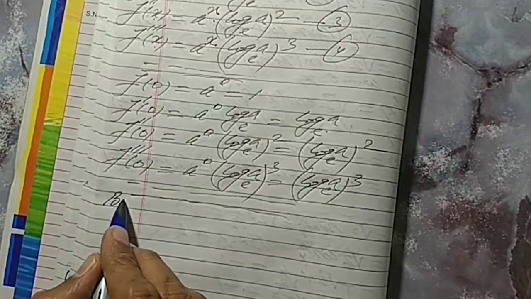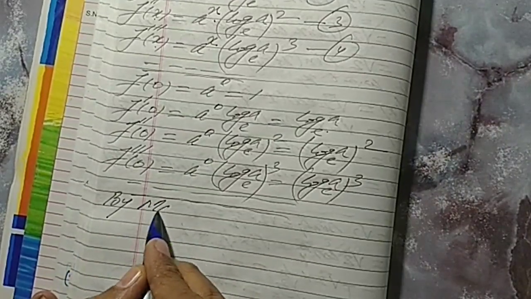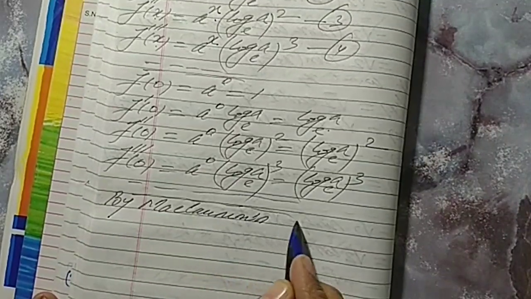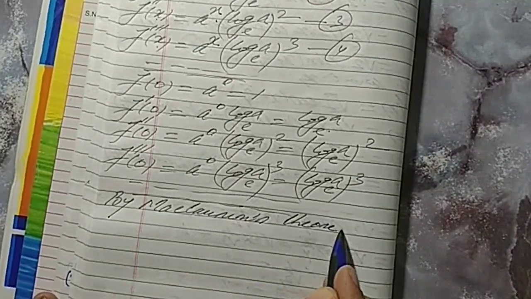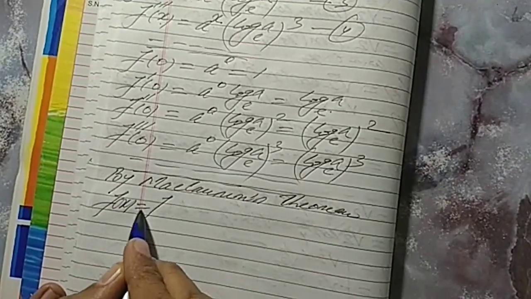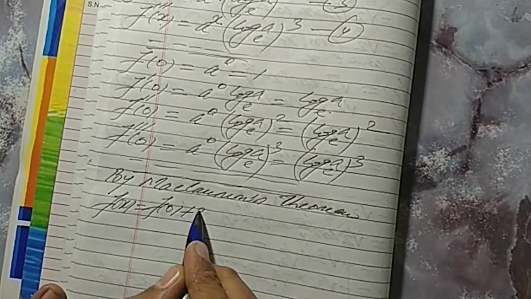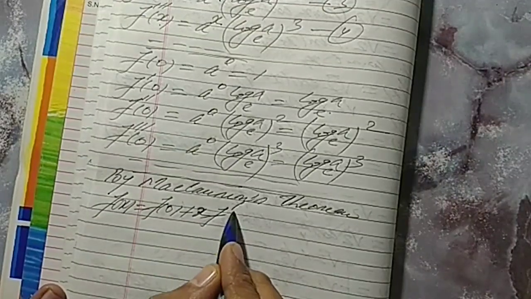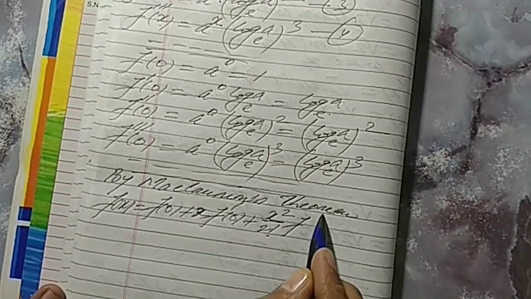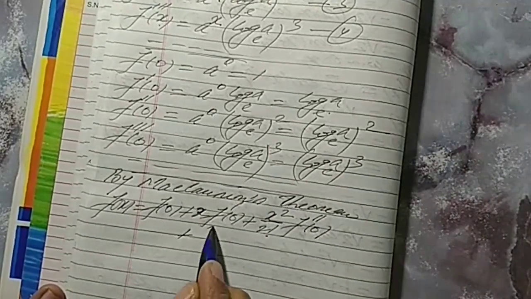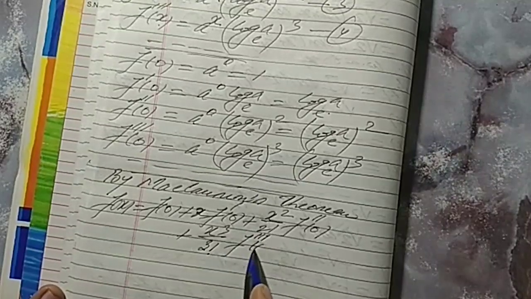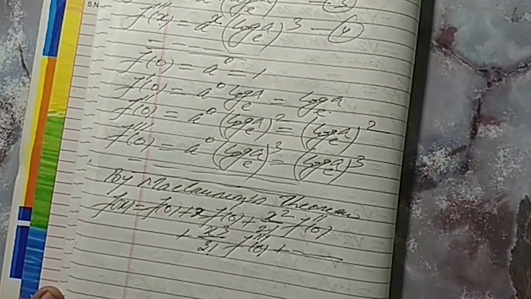Now by Maclaurin's theorem, f(x) is equal to f(0) plus x f'(0) plus x square upon factorial 2 f''(0) plus x cube upon factorial 3 f'''(0), and so on to infinity.